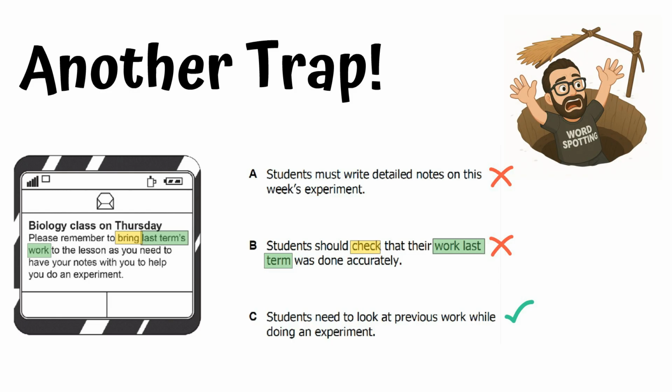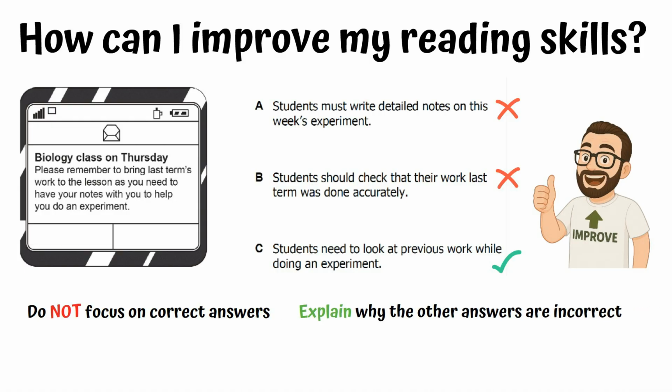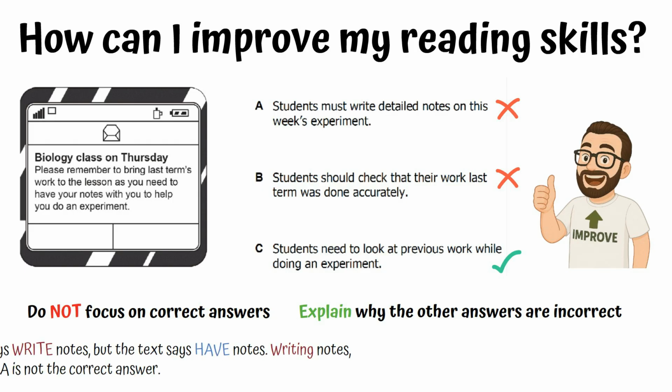And that brings me to my next point. If you or your students want to improve your reading skills, then in class or while doing these activities at home, you should not focus on the correct answers. You should explain why the other answers are incorrect.